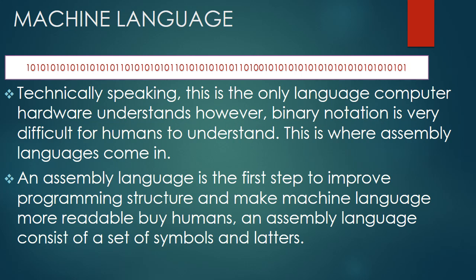Individuals will be able to understand it, because we can read those symbols and letters, so the assembly language is the advance of the machine code, which only provides 1s and 0s.